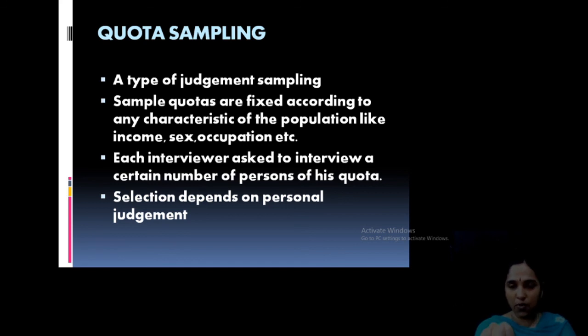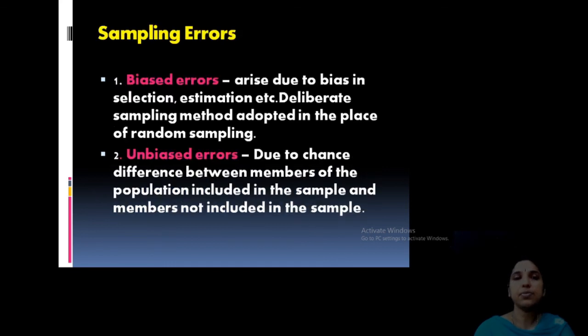So I will take one or two from that quota and conduct my interview. So selection depends on personal judgment. This is also not a scientific method. A type of judgment sampling. That is what quota sampling is. So convenience sampling, quota sampling, and purposive or deliberate sampling are the three non-random sampling techniques. Clear? Okay.